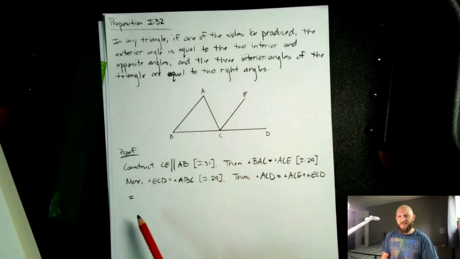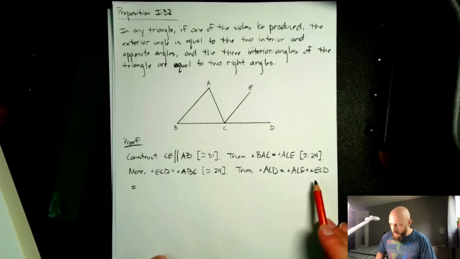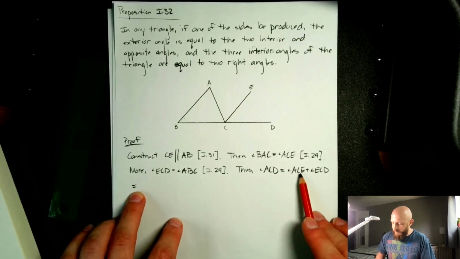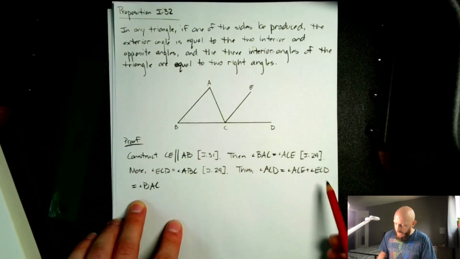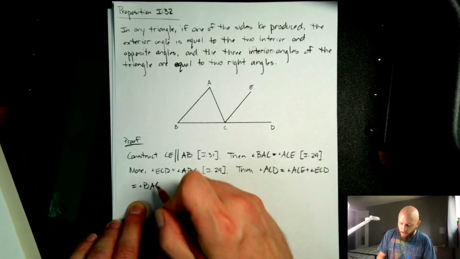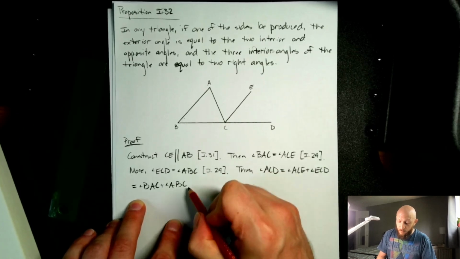I don't like doing equality through two lines like that, but it reads well. But we also just said angle ACE is equal to angle BAC, and angle ECD is angle ABC, which is what we wanted to prove.